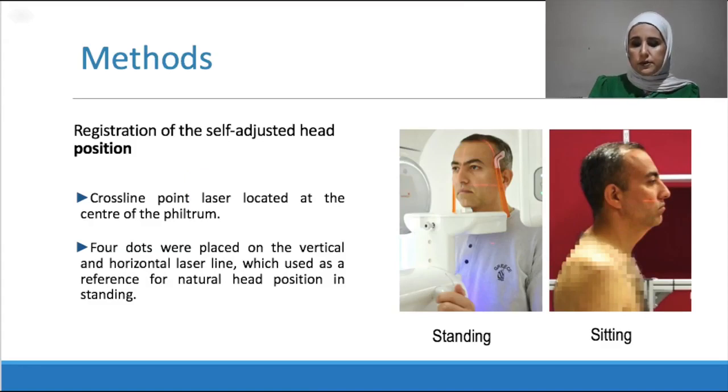For the purpose of registration of self-adjusted head position, the subject was asked to stand inside the cone-beam CT machine in their self-adjusted natural position without X-ray exposure. The head position was registered using the built-in cross-line laser beam.